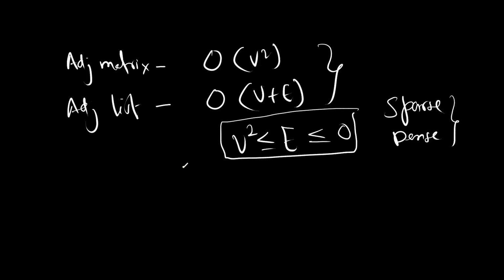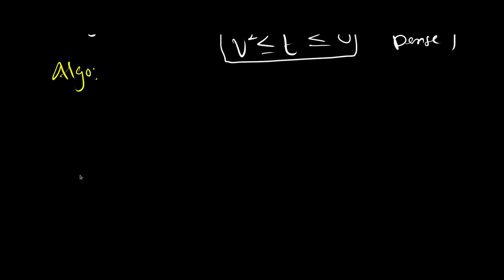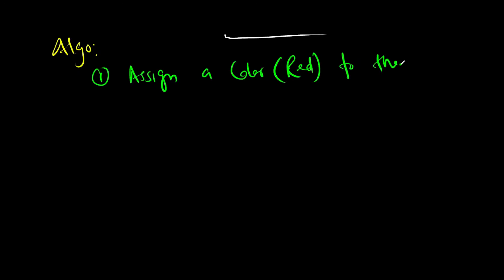Now let's discuss the algorithm in plain English first, and then we'll see the algorithm in a programming way, or pseudocode. So first, we are going to assign a color. Suppose you assign a red color to the source node, or you can say source vertex.